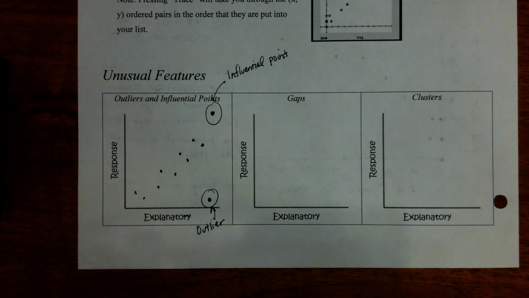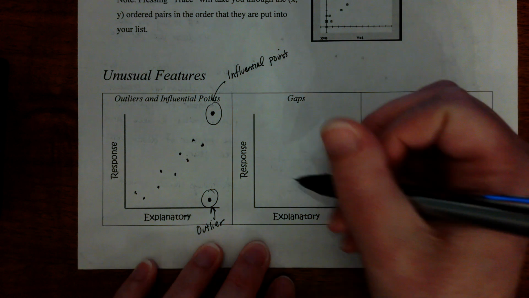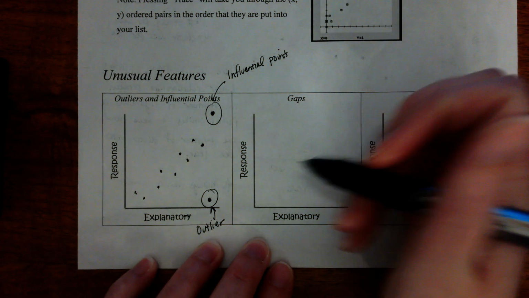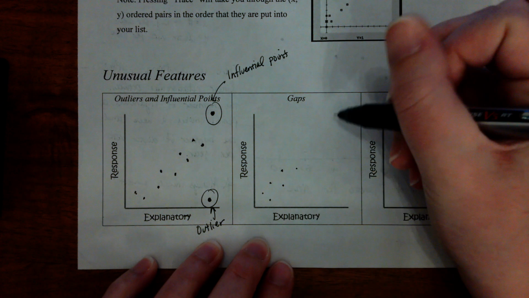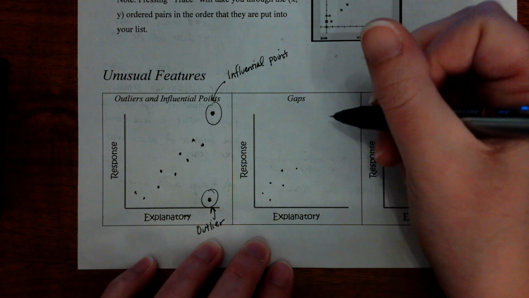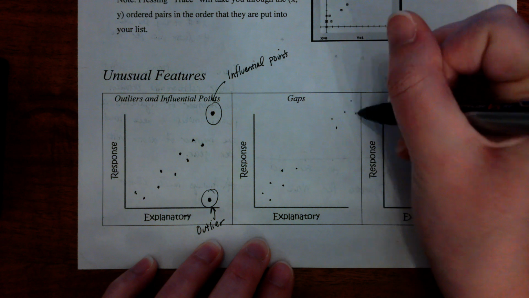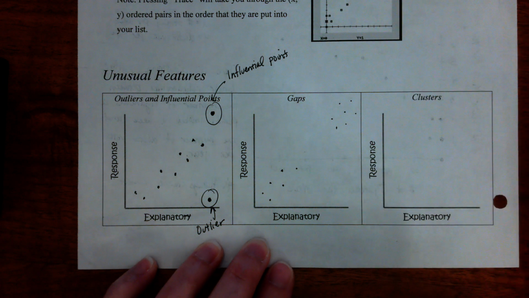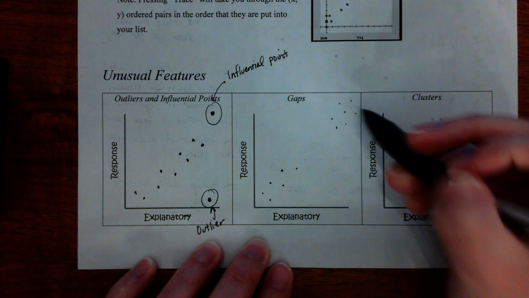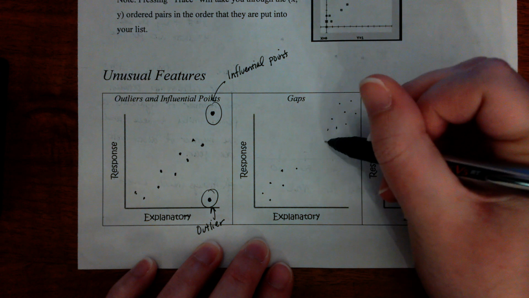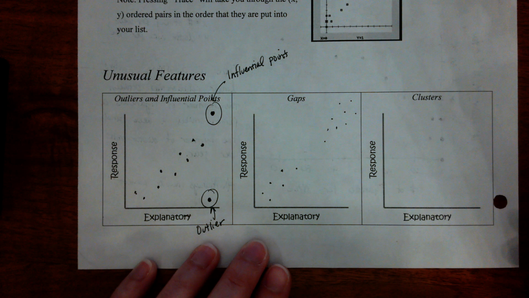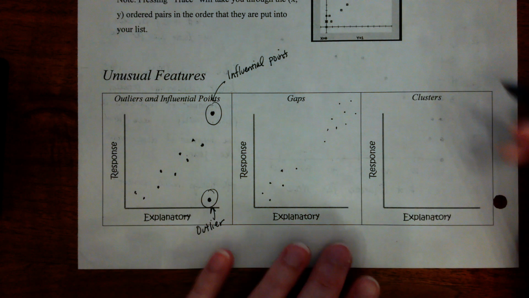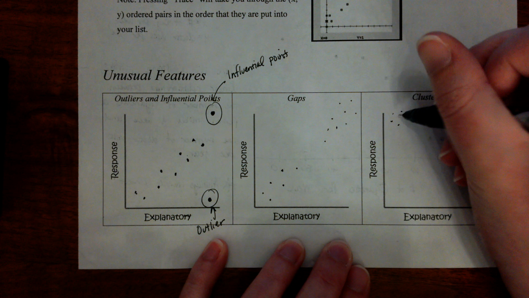Then sometimes we have these gaps where I'm looking at another positive relationship here. So maybe I have something here and then it has a gap and it comes back up. So something like this, where we have some gap in between our two different pieces. You also might have something with clusters, where we have a lot of points up here.